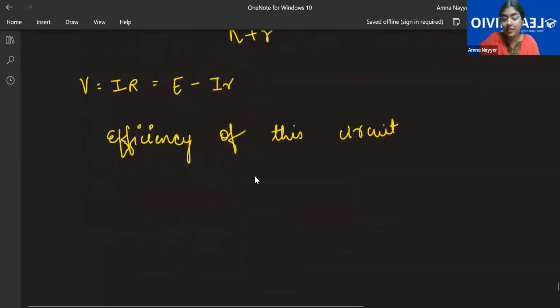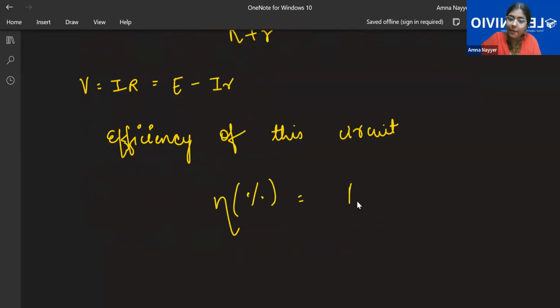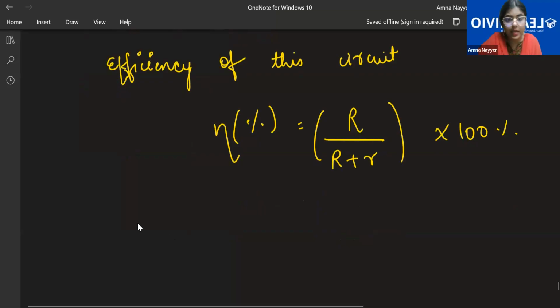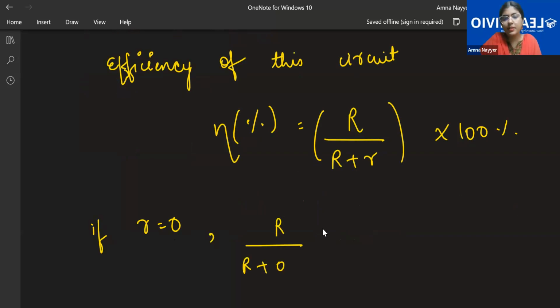So the symbol of efficiency is this eta. It is always calculated in percentages. So the formula is very simple. Capital R, the external resistance, divided by the external resistance plus the internal resistance, and this part you multiply with 100. Efficiency 100% means your resistance will not be there. If I say small r is equal to 0, then look, R by R plus 0, into 100, which is equal to R by R into 100.